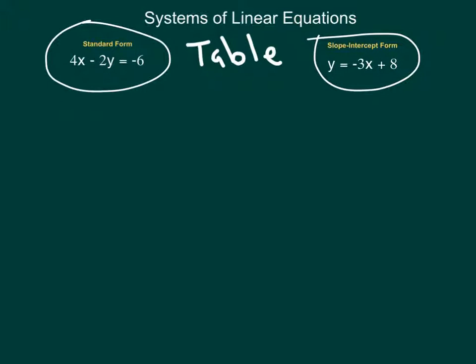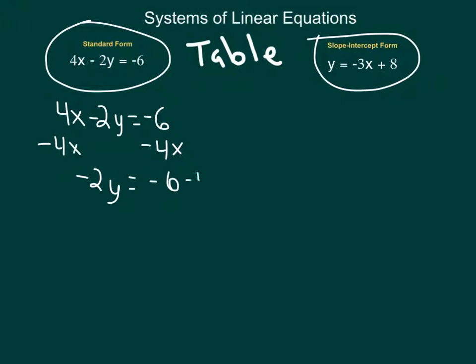We need to turn him from standard form into slope-intercept form. So I'm just going to do that quickly. I rewrite this. I am going to take away 4x from both sides. Can't combine unlike terms, remember, so this ends up being -6 minus 4x.